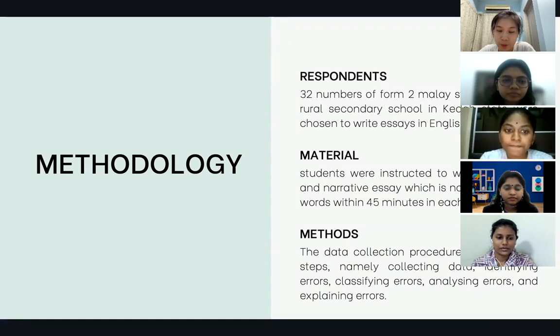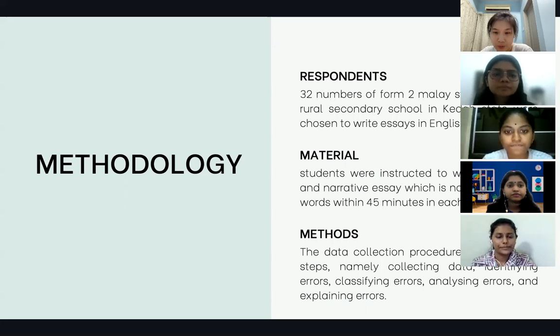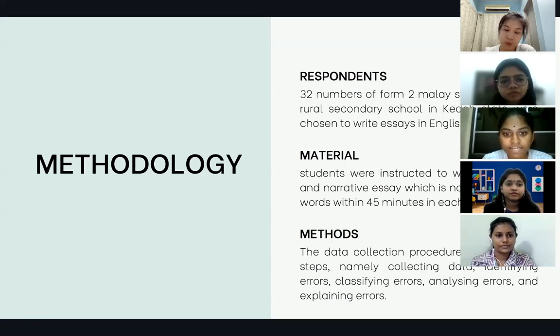Okay. As for methodology, 32 Malay students from a rural secondary school in Kedah State were chosen to write essays in English. The objective of this study is to identify the types of errors found in the use of SVA and Copula BE in the students' writing. Students were instructed to write descriptive and narrative essays in each of 4 sessions.